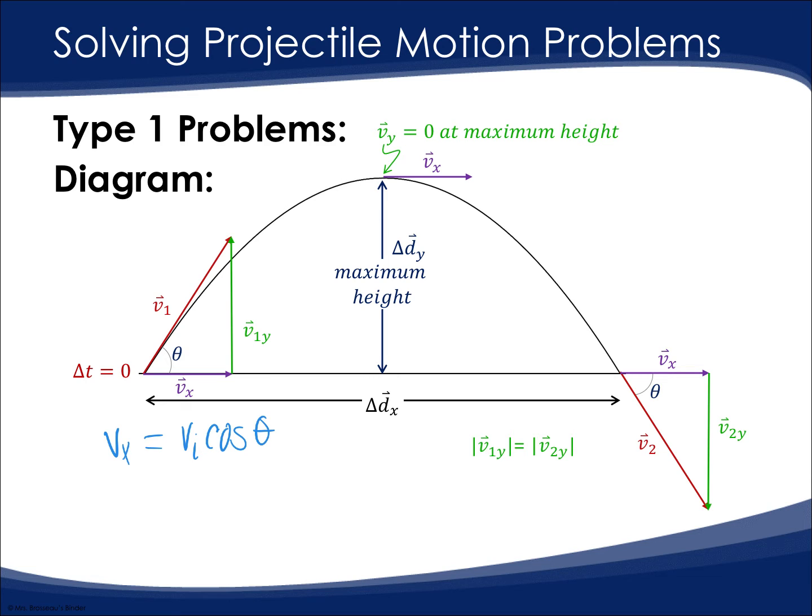And to find the vertical, so that's VIY, your initial vertical velocity is your initial velocity times sine theta. So that's how you can split that velocity up into its 2 components, horizontal and vertical. So write those on your note card for your formula sheet, because you'll need those when it comes test time.